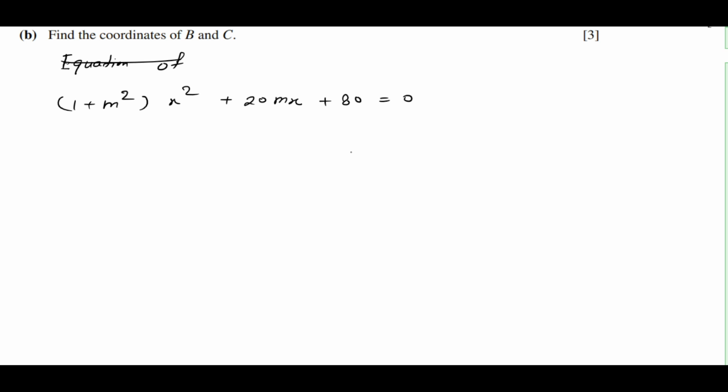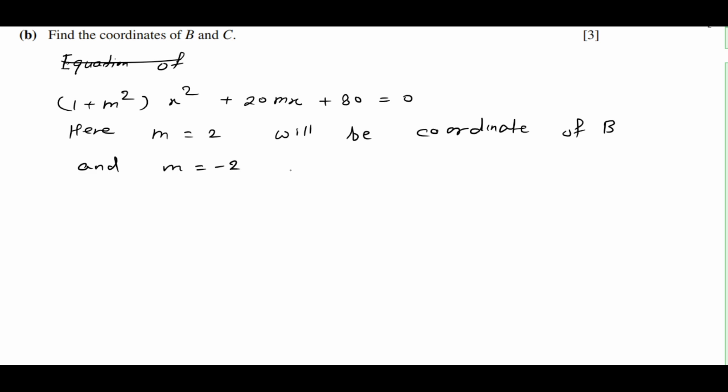Here m = 2 will give the coordinates of B, and m = −2 will give the coordinates of C.